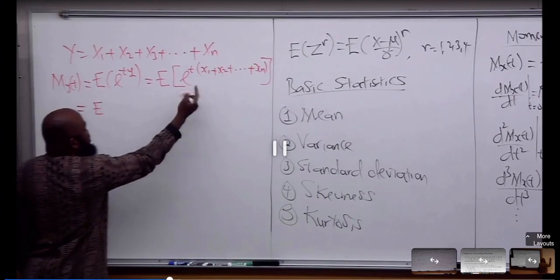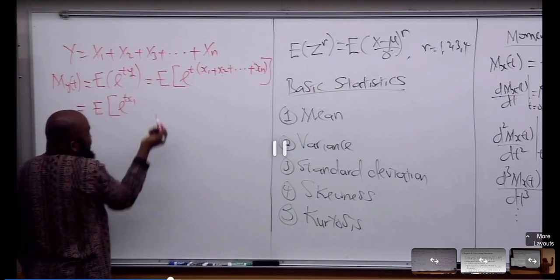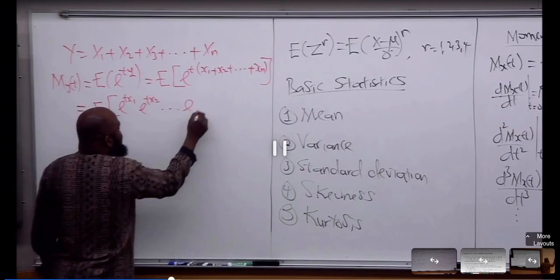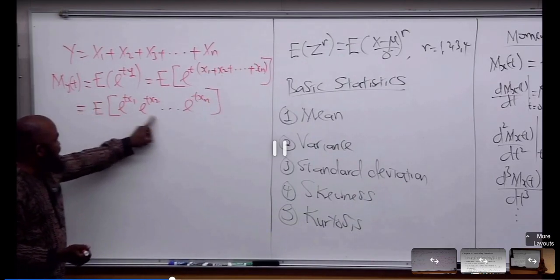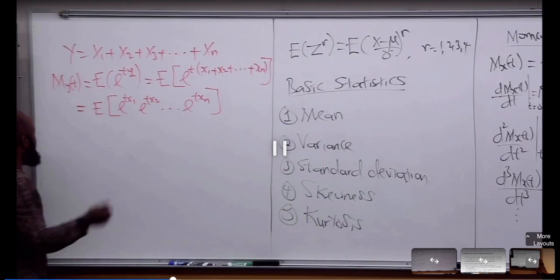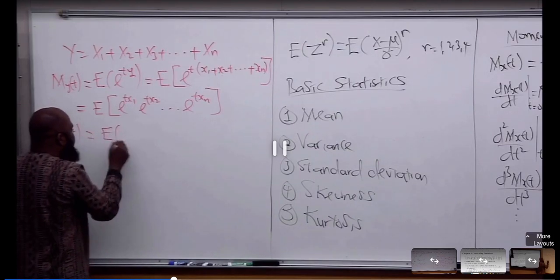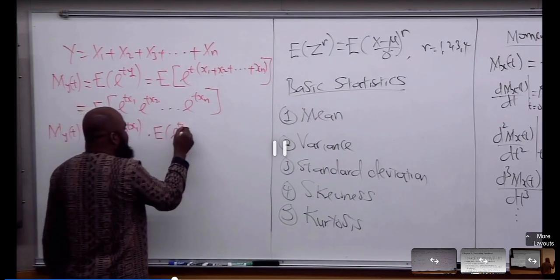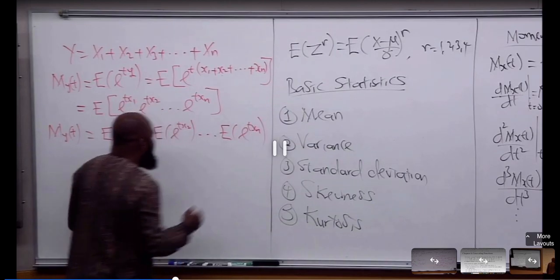So I'm going to have e raised to power tX1. Mathematically speaking, I'm going to have this until I get this. Who doesn't understand that? Because when I combine this, I'm going to have the power, right? Now what is the implication here? The implication now is that I can write that as this, multiplied by this, dot dot dot until I get to this.